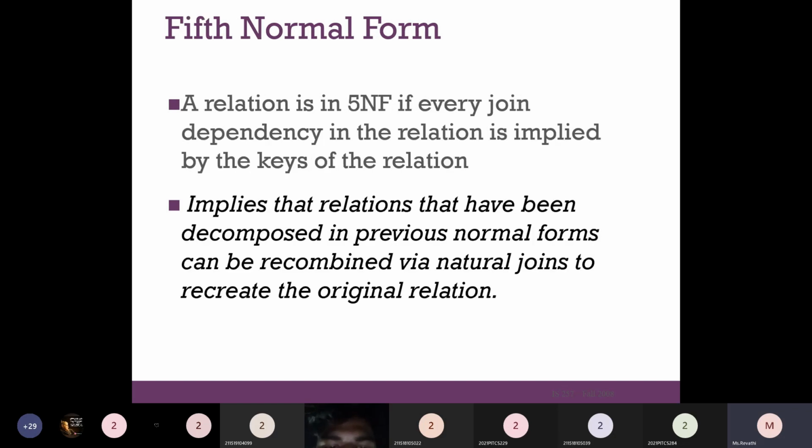And fifth normal form ensures the lossless join. A relation which is able to come back to its original relation after its decomposition, via natural join without any loss of data, is said to be in fifth normal form.